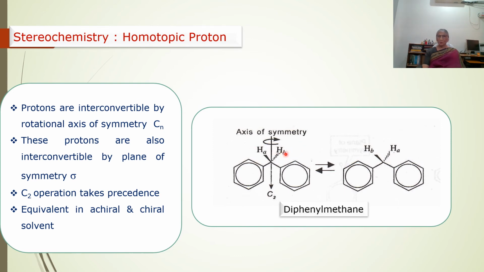So these two protons are equivalent protons and they are known as homotopic protons. And they cannot be distinguished by NMR spectrum. So these two homotopic protons are equivalent protons in chiral and achiral medium.